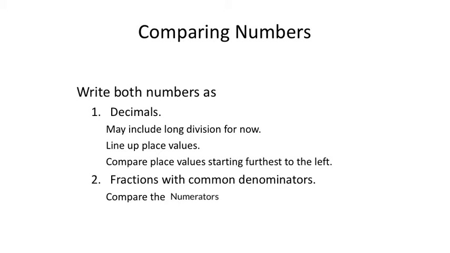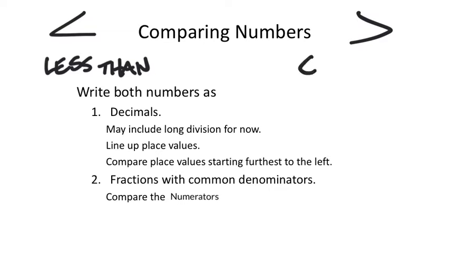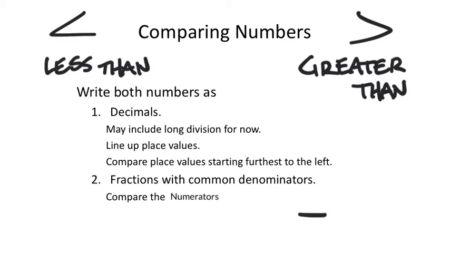So when comparing numbers, we compare them with these symbols which we've seen before. This one is less than. And then this one over here is greater than. And then the ever-present equal to.